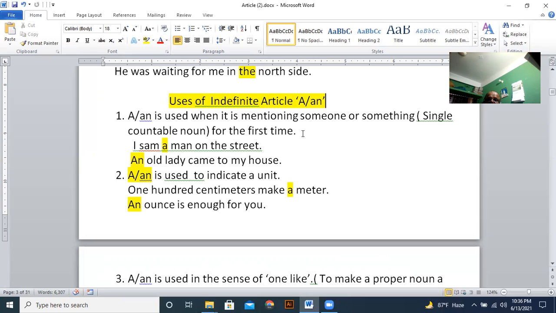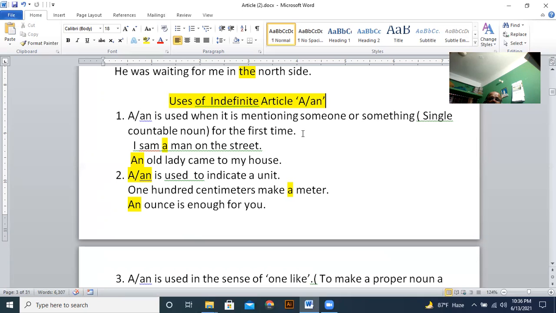But when we use a or an, we know A to Z are alphabets, 26 alphabets. From the 26 alphabets, 5 letters are vowels and the rest of the 21 letters are consonants.